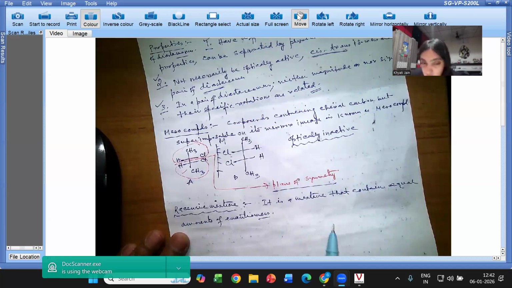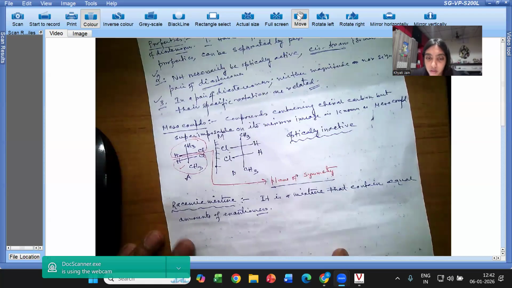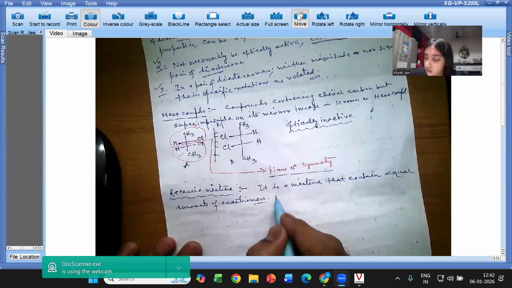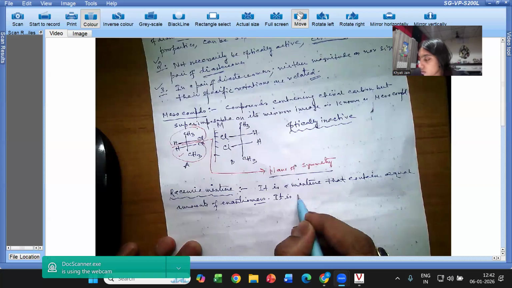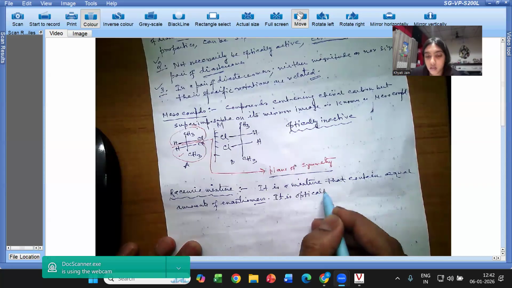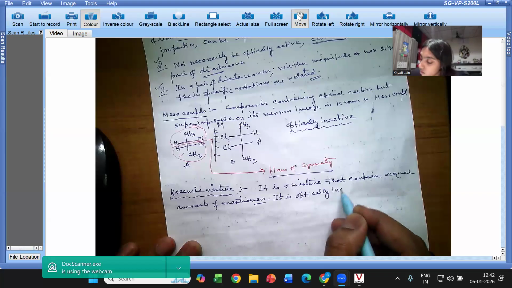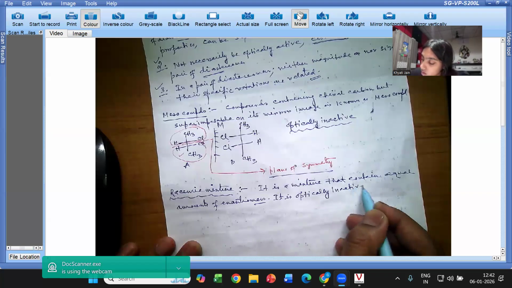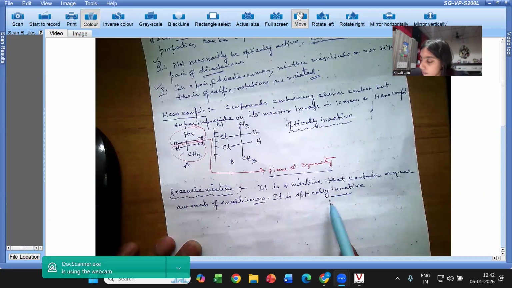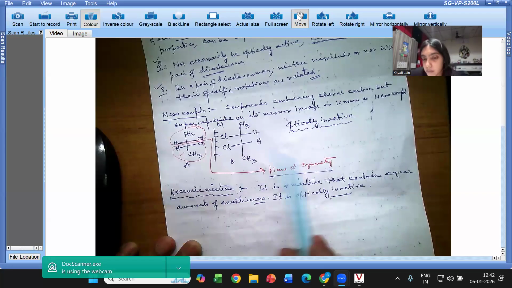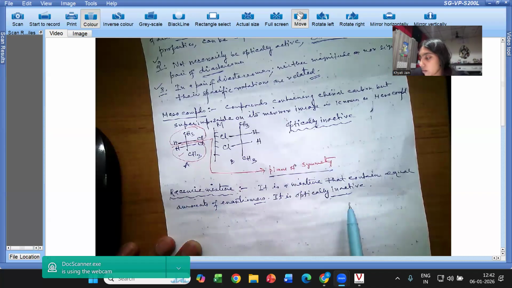Can you shift your note? So a racemic mixture is also an optically inactive compound. This is important: racemic mixtures and meso compounds are optically inactive. Meso compound optically inactive, racemic mixture optically inactive.